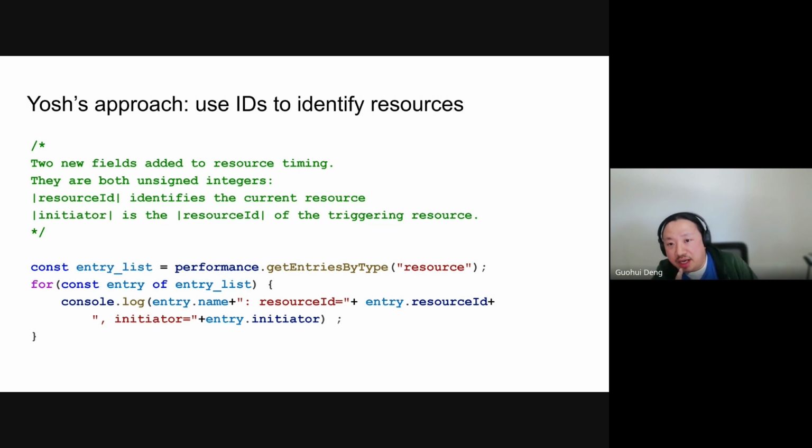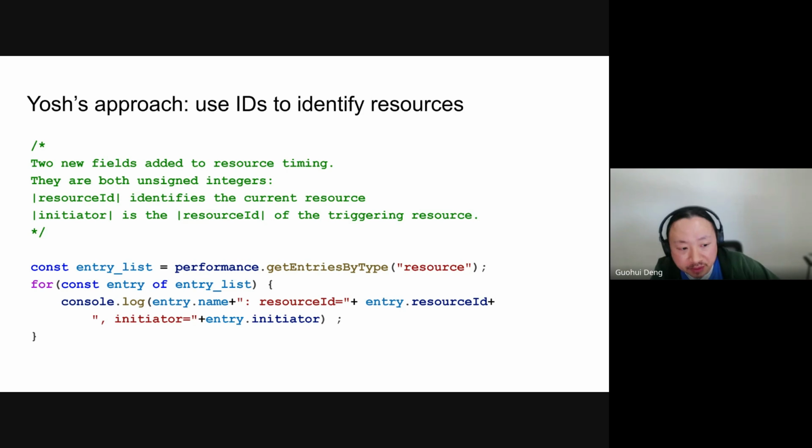He used IDs as the key to Yoshi's approach. The first one, he used an ID to identify the resources, not the URL. The ID is an unsigned integer, and then he used another unsigned integer, the initiator, to point to the initiator.